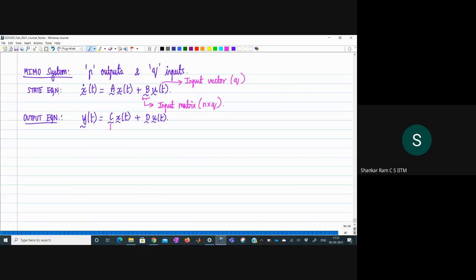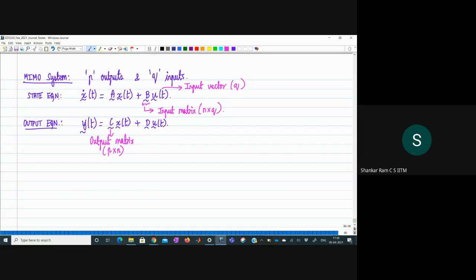Now C is what is called the output matrix, whose size will be p by n, because we have p outputs and we need to generate them from a state vector which has n entries. Since C multiplies x, for the matrix multiplication to be valid, the size of C should be p by n.